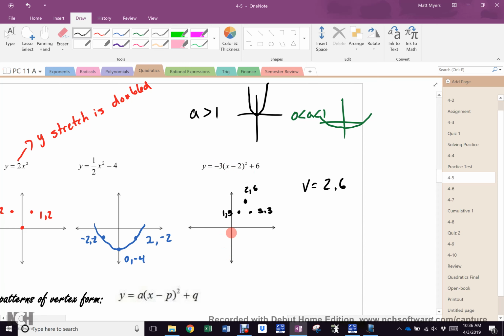What should it be? I've got to do 6 minus 12, which is -6. 0, -6. And what will this point over here be? 4, -6. Everybody good? And it's a long, skinny, sad parabola.